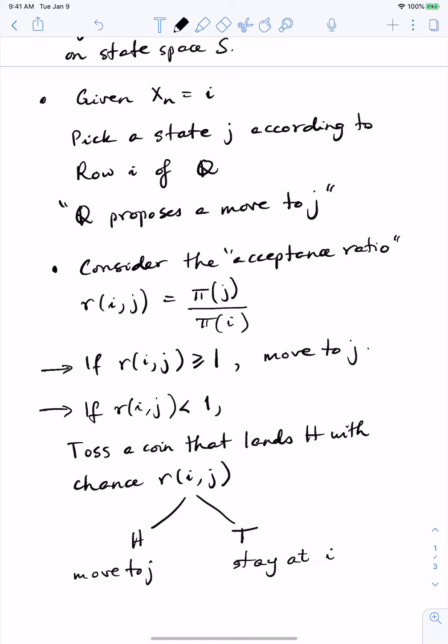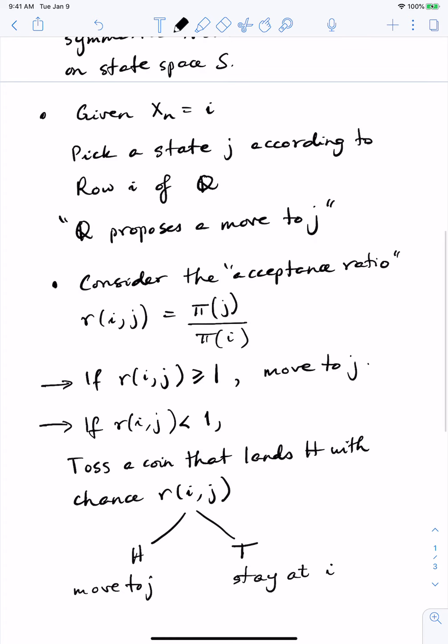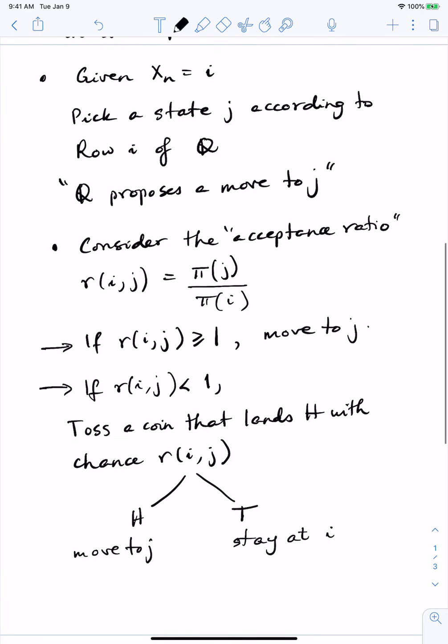So this is a complete description of transition behavior. So let's just look at the sequence, and then we'll talk about what's going on.